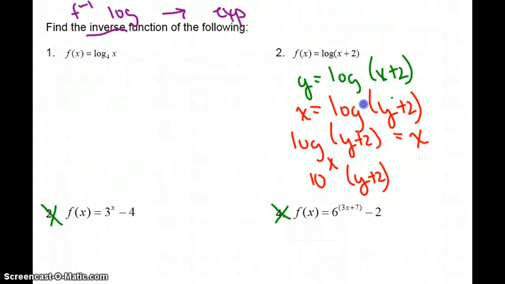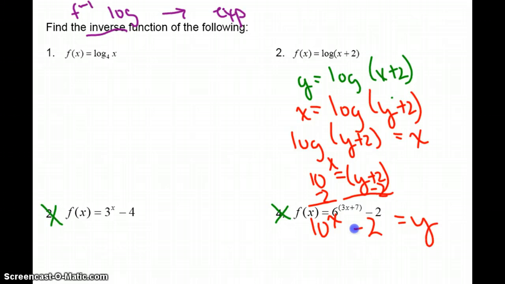So 10 to the x equals y plus 2. To solve for y, all we're going to do is subtract 2 from both sides. So you'll have 10 to the x power minus 2 equals y.